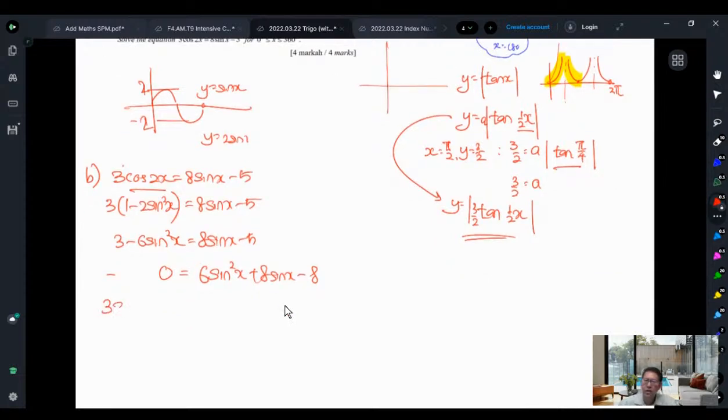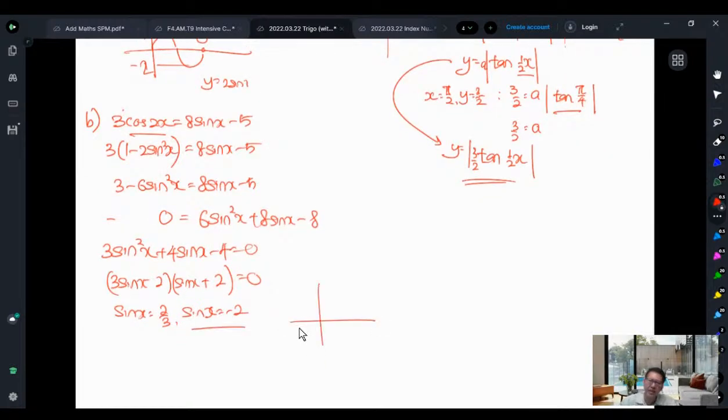Okay, 3 sine squared x plus 4 sine x minus 4 equals 0. Factorise: 3 sine x, 2 and 2, positive, negative. Sine x is 2 over 3, or sine x is negative 2.